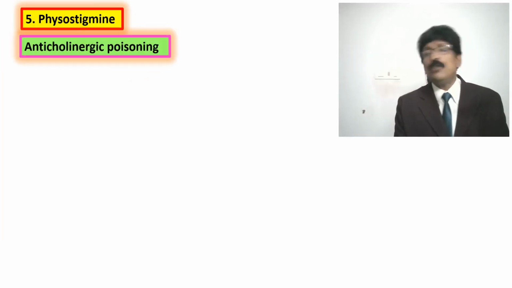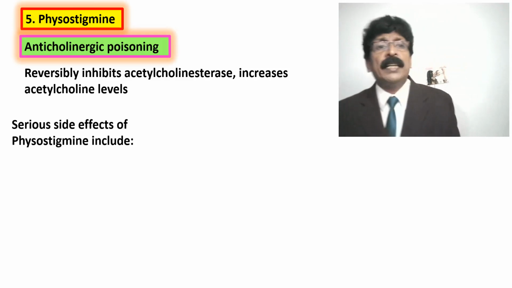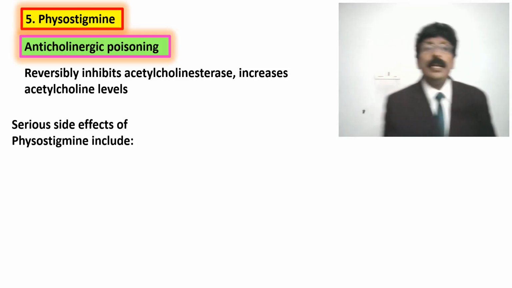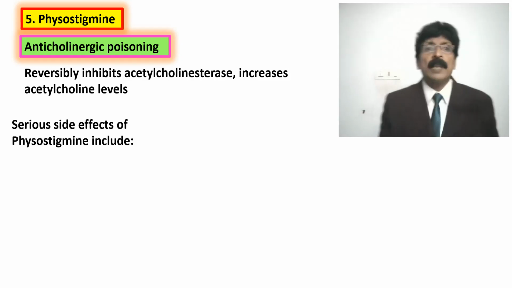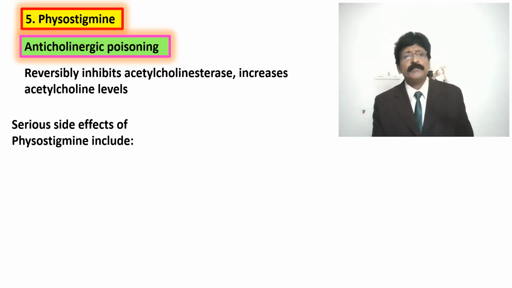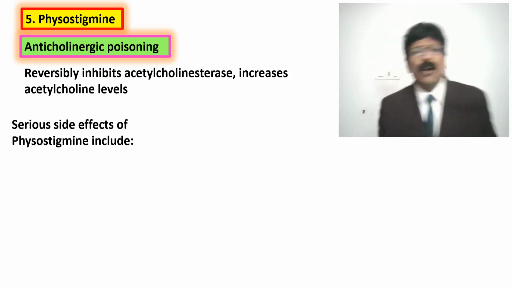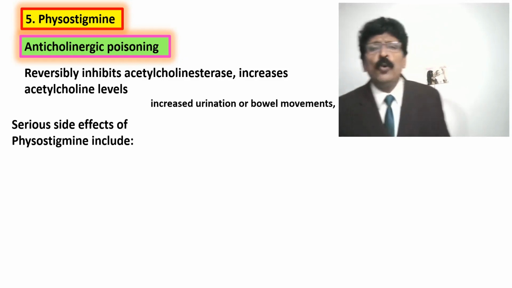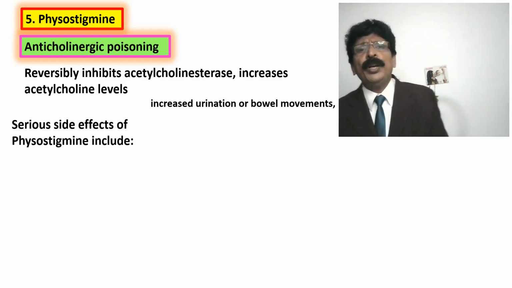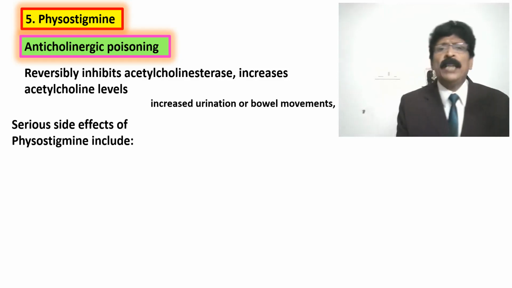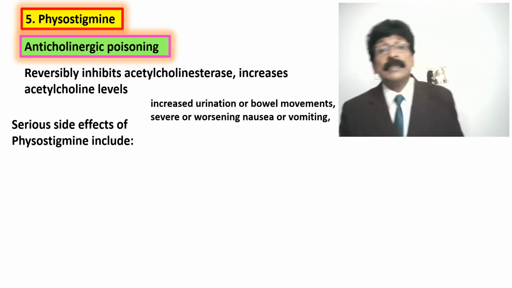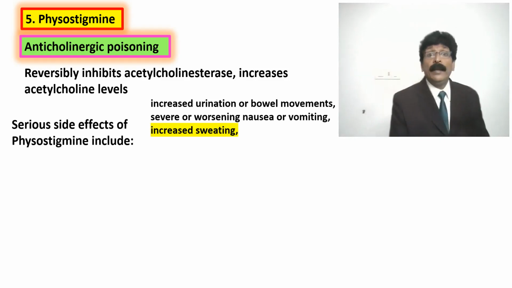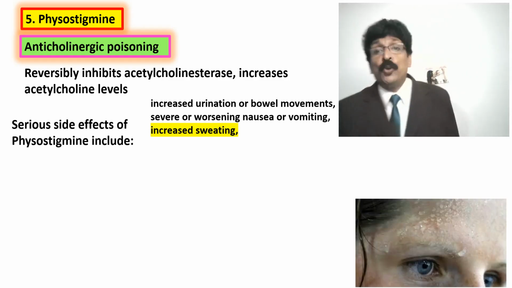Physostigmine, which is used for anticholinergic poisoning, reversibly inhibits cholinesterase and increases acetylcholine levels. Serious side effects of physostigmine include increased urination or bowel movements, severe or worsening nausea or vomiting, increased sweating as shown in the picture.